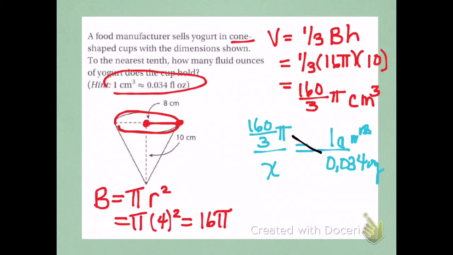So I would say 160 over 3 pi times 0.034, and that's going to give me x is equal to 5.7 ounces.